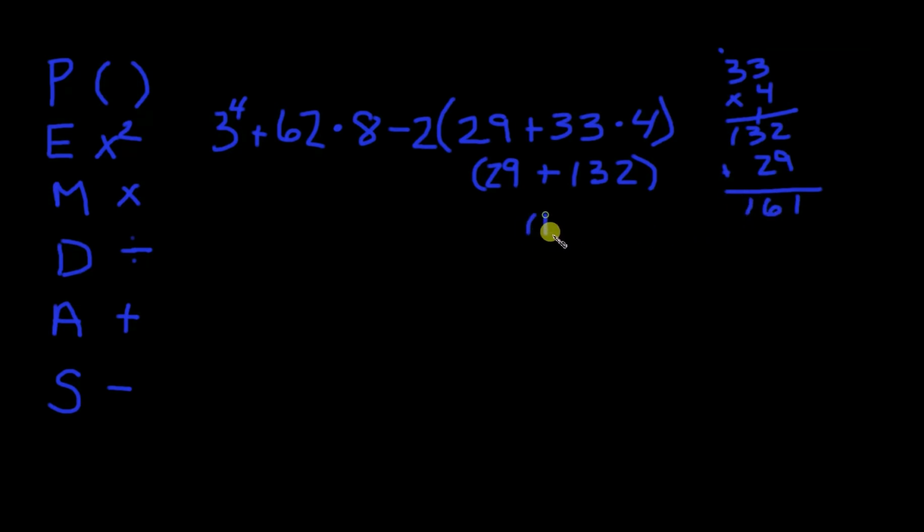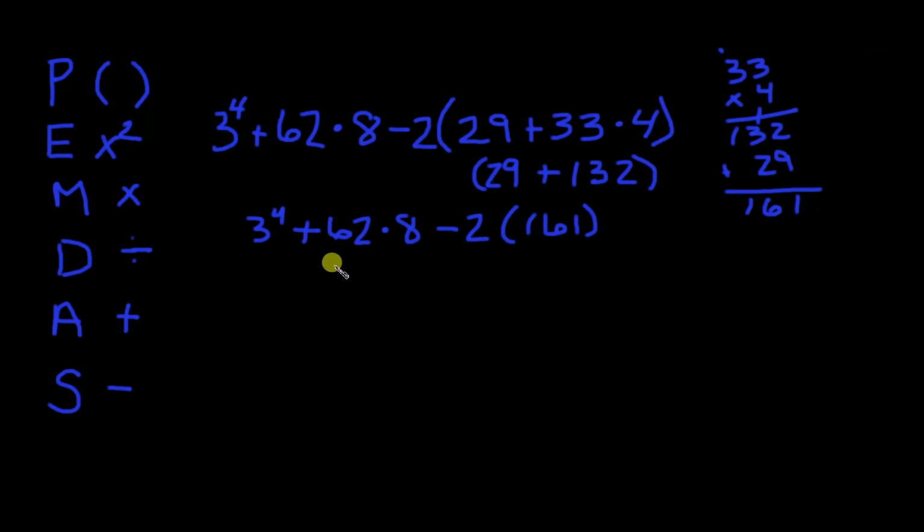So we have 161, and we're going to keep that in its parentheses because there is a negative 2 out here that we still need to distribute with that 161. So if we bring down the rest of our equation, we now have the same equation just with a simplified parentheses.